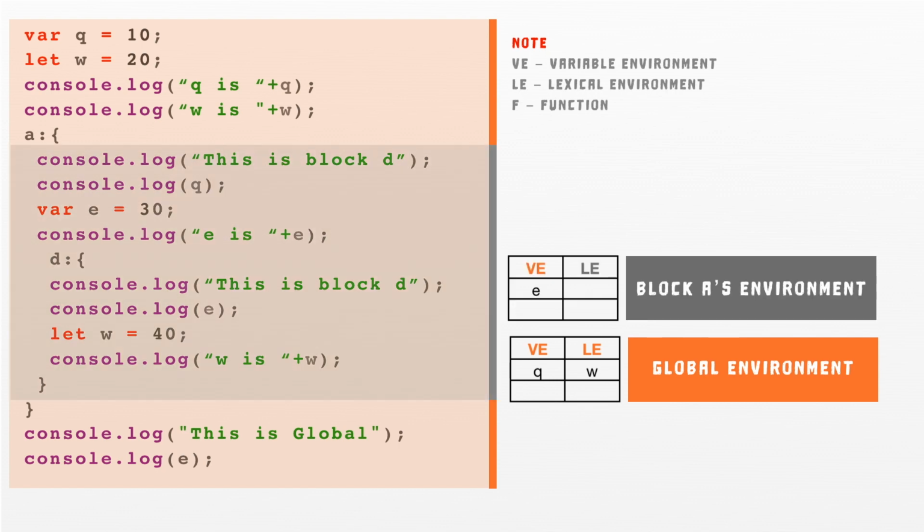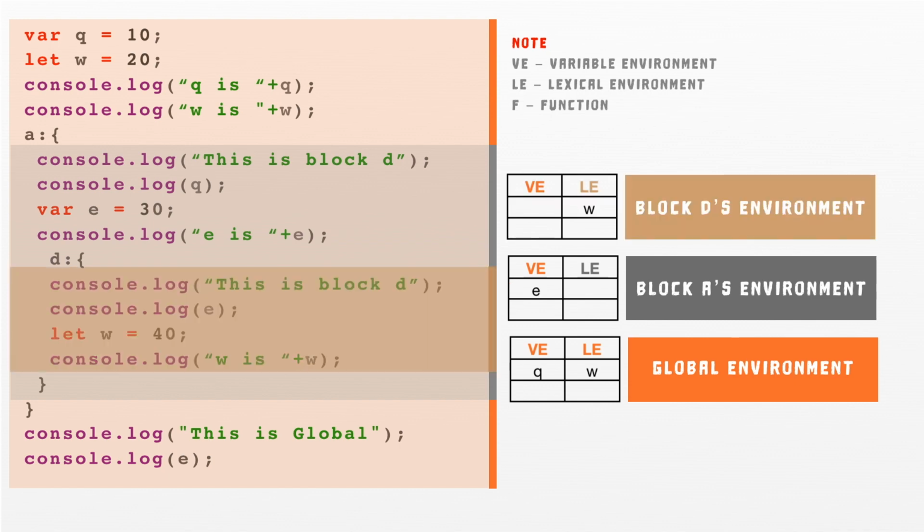I have named it block A's environment. In this block, we have declared variable e, right? And it will be stored in the variable environment, because these variables are declared using the var keyword. Now coming to block D, in this we have declared variable w.